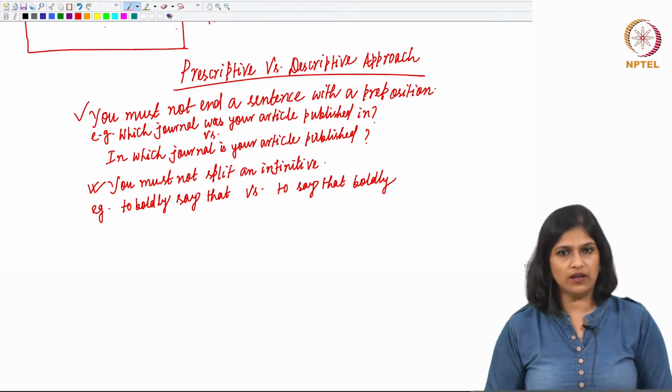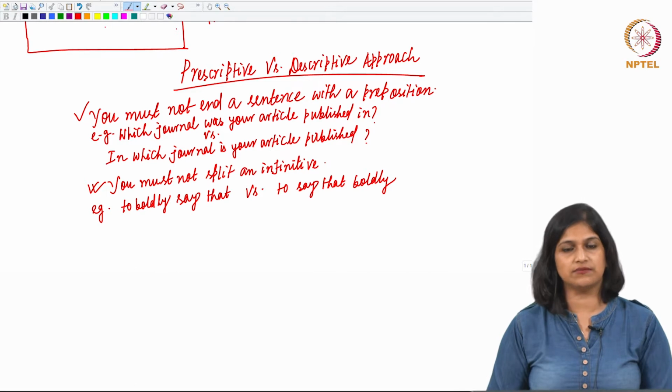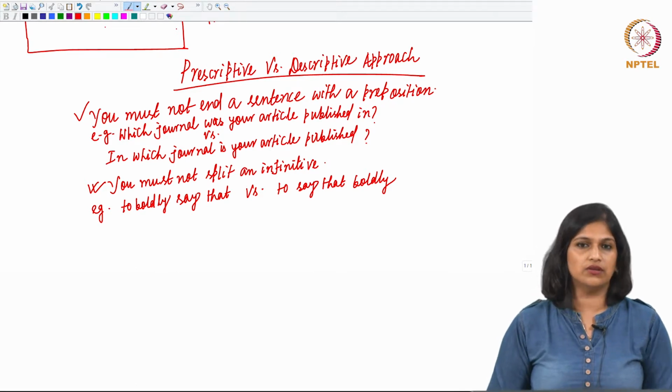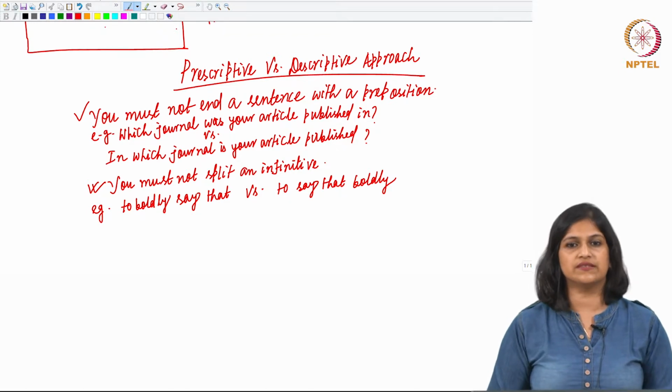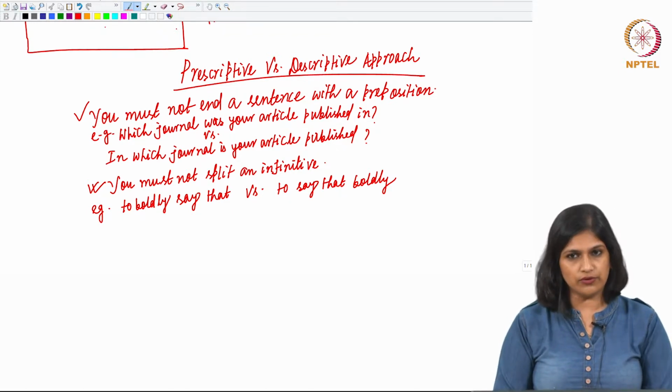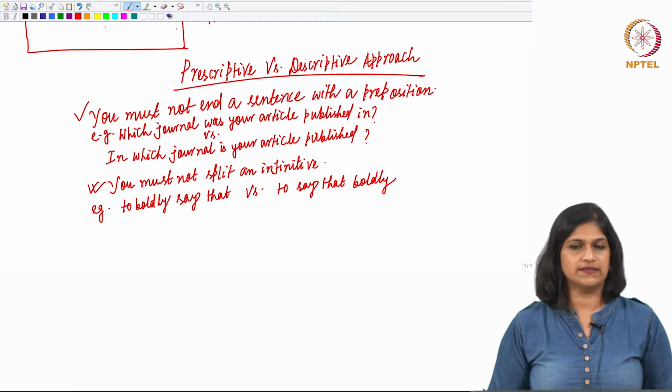So, this is what we call the descriptive approach. The rule has to change on the basis of the structure of the language, not the other way around. The structure of the language should not be changed just to satisfy the rule, not really. The rule should be flexible enough so that we can actually include data from various kinds of languages.